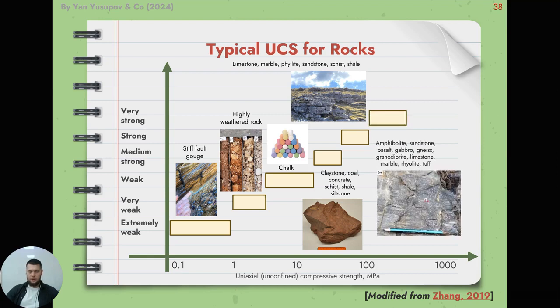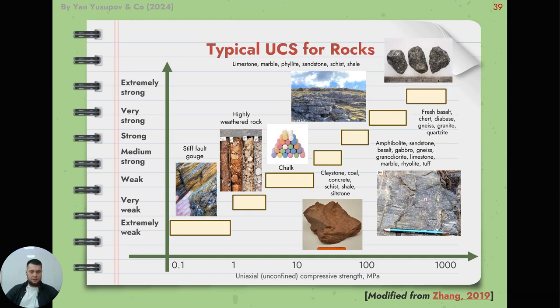Very strong rocks are common magmatic rocks. They are amphibolites, metamorphosed sandstones, basalt, gabbros, gneiss, granodiorite, etc. UCS is from 100 to 250 megapascal.